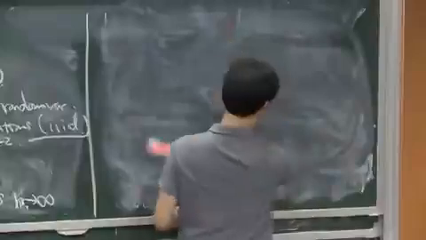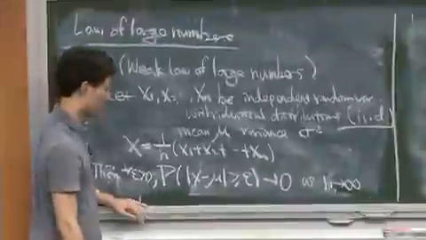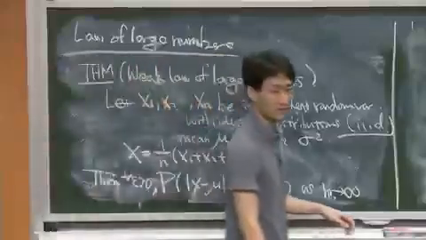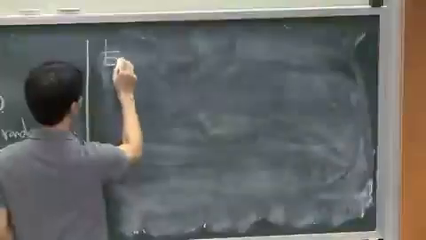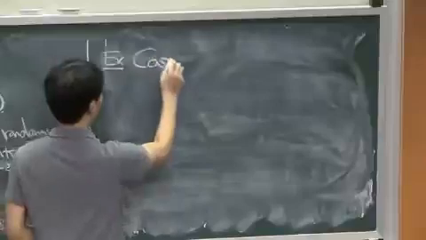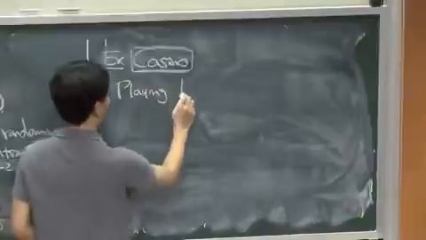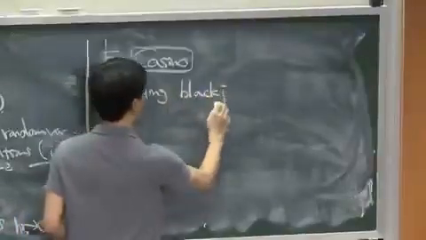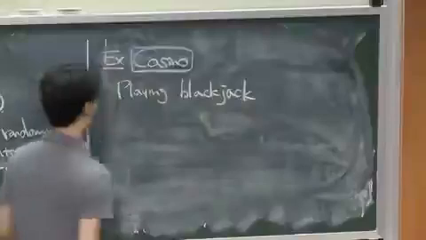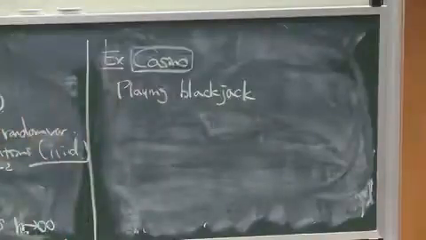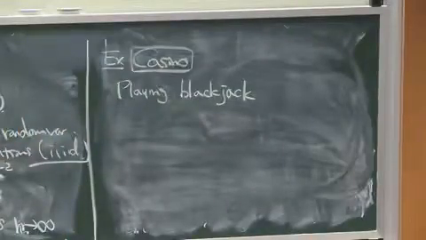So what's an example of this? Before proving it, an example of this theorem in practice can be seen in the casino. For example, if you're playing blackjack in a casino, when you're playing against a casino, you have a very small disadvantage.